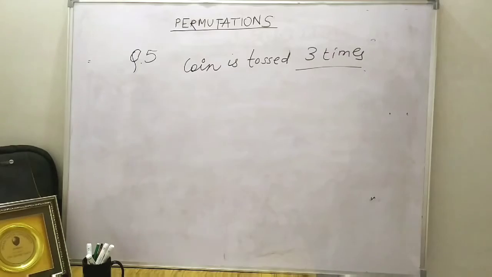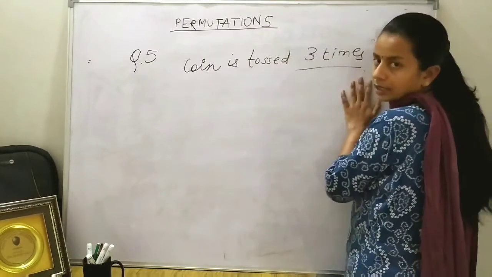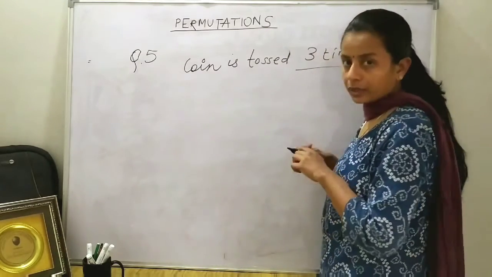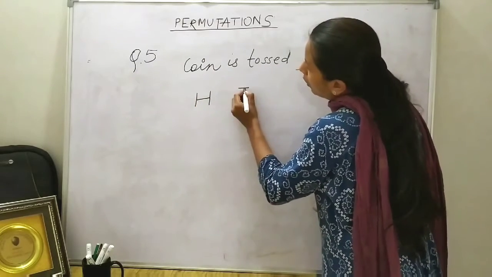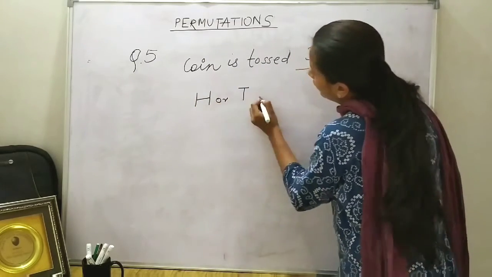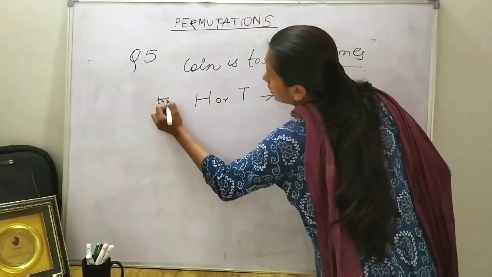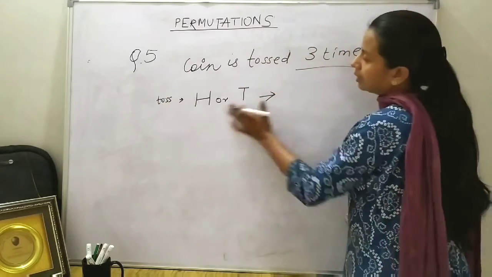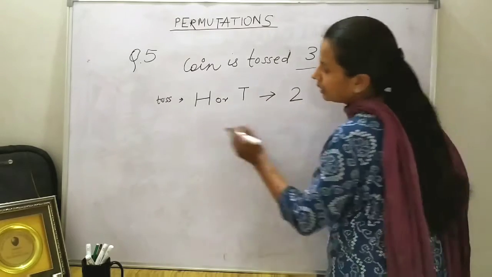Now the fifth question is, a coin is tossed 3 times. Every time a coin is tossed, we get either head or tail. Okay, so for the first toss, the number of ways in which the event can occur is 2, head and tail.